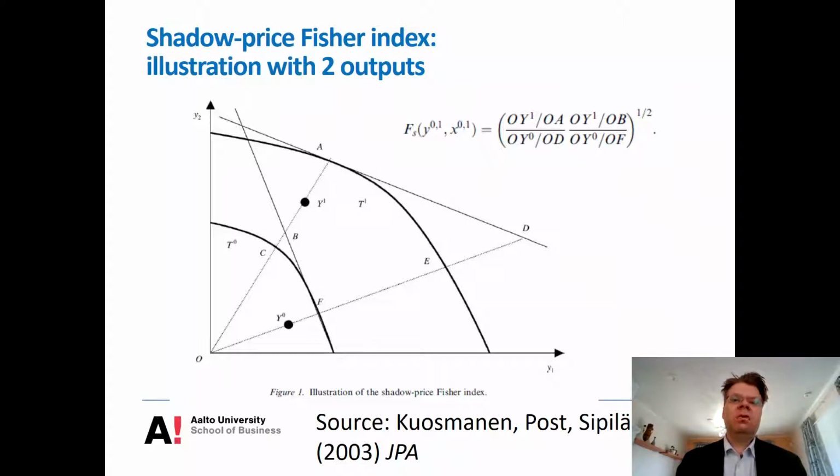We have output number 1 on the horizontal axis, output number 2 on the vertical axis, and suppose we have two output vectors that we consider. y superscript 0 is the output in the base period, and y superscript 1 is the output vector in the target period. Notice that output number 2 increases very dramatically, whereas output number 1 increases only modestly.